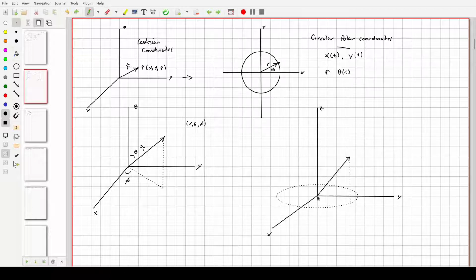But anyway, you would locate things with respect to theta, with respect to what we call rho, and then z is how high above. Rho is kind of like r for circular polar coordinates. Okay, so you have spherical polar coordinates, you have circular polar coordinates, and then you have cylindrical.